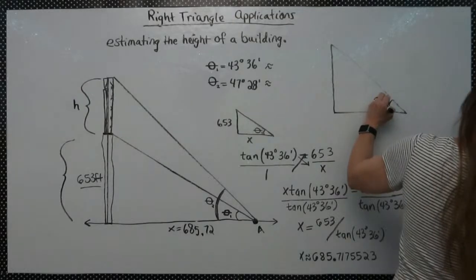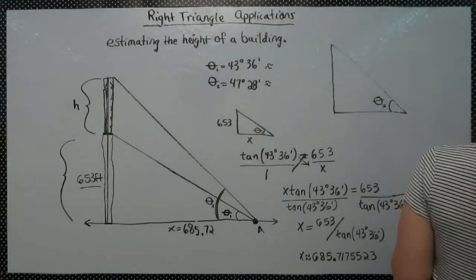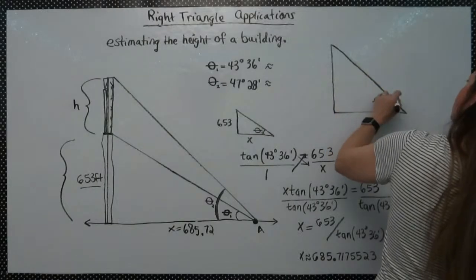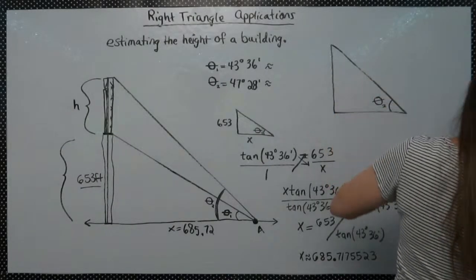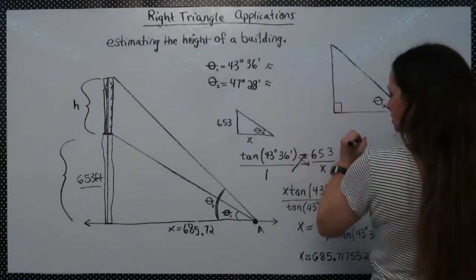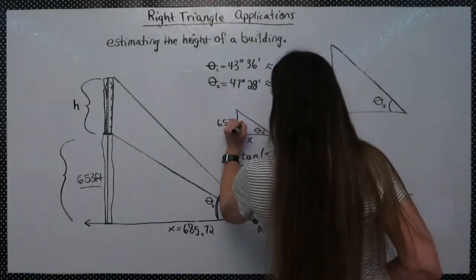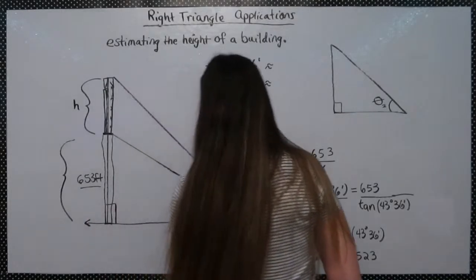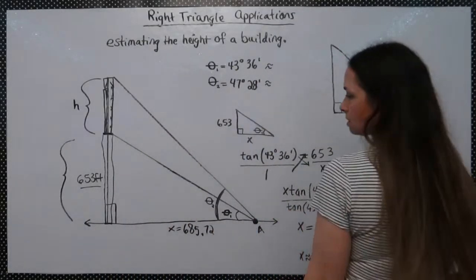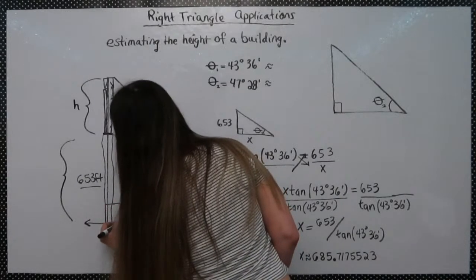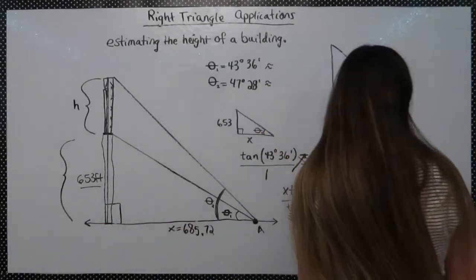Theta 2. And it looks like my marker does not pick up very good. And again, it's a rough sketch, but this is your right angle. I should draw that right angle in there.